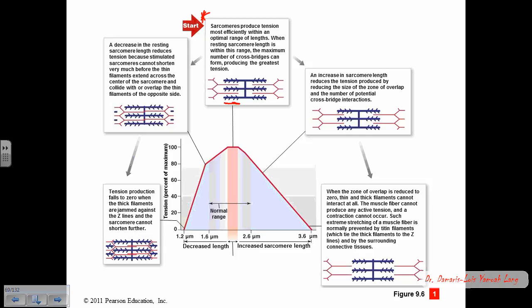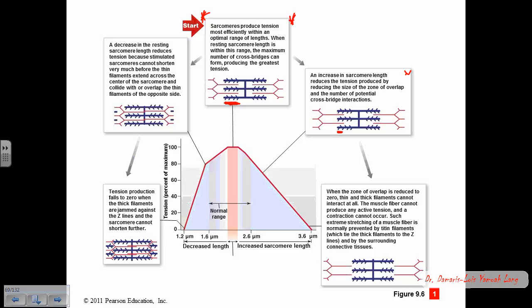Do you see this number of myosin heads? Let's say this is normal resting. So there is a good amount of overlap. Do you see that? But look at this muscle length. This overlap is not enough.